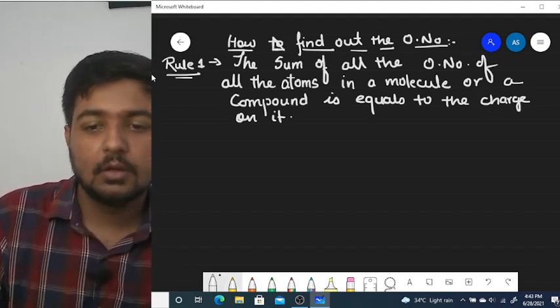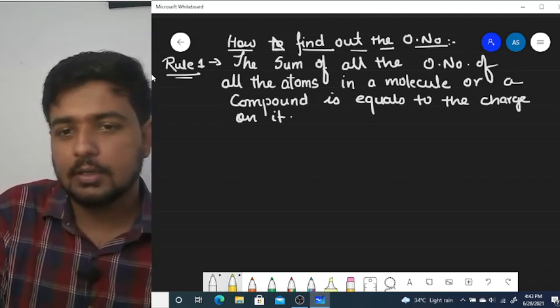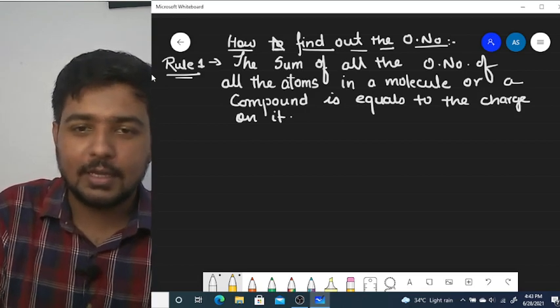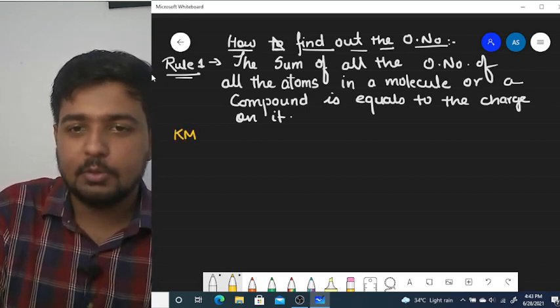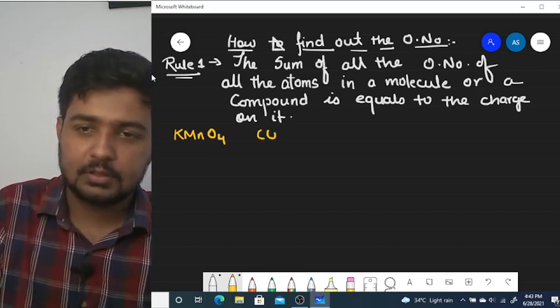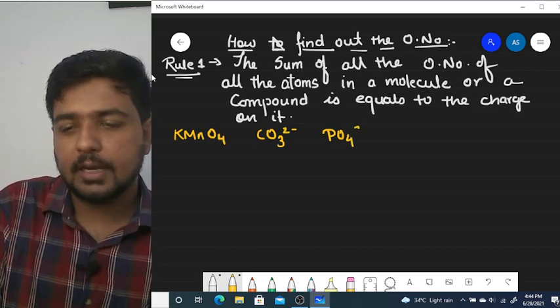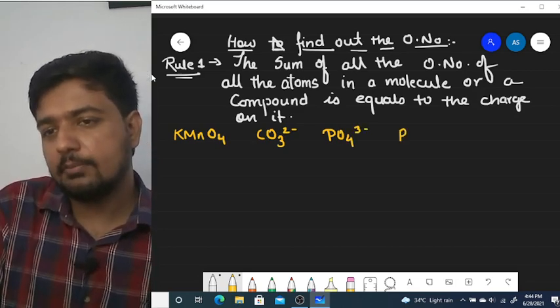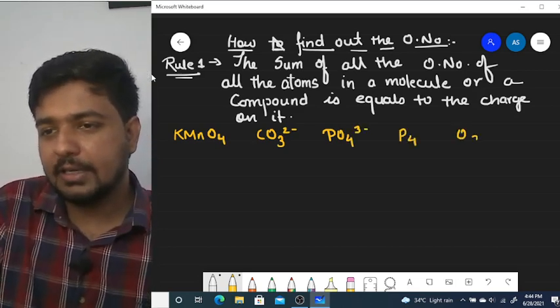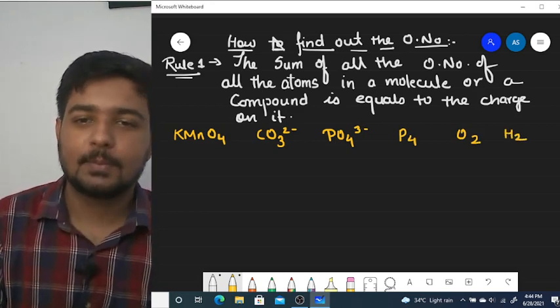For example, let us take some examples: KMnO4, CO3 2-, PO4 3-, P4, O2, and H2.